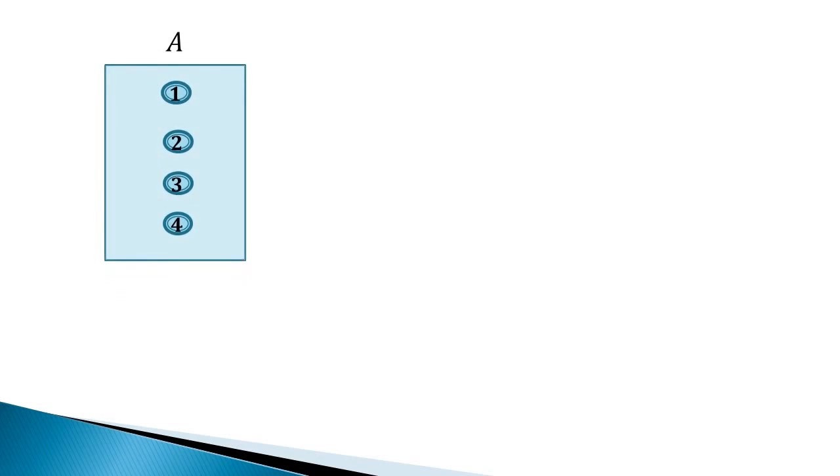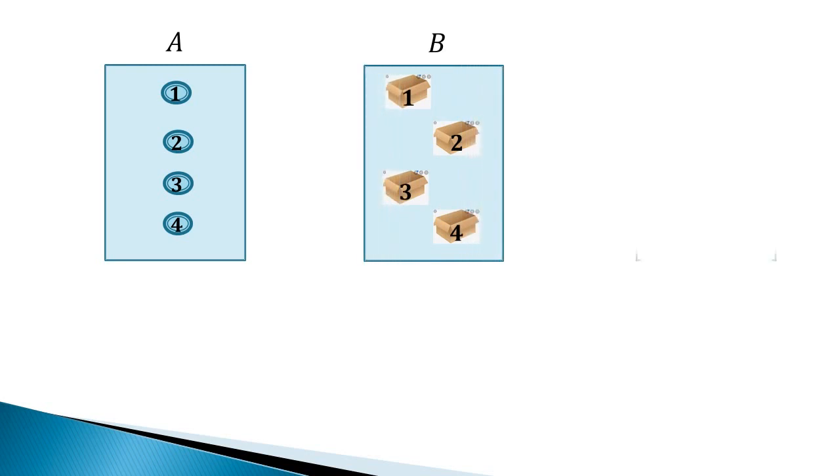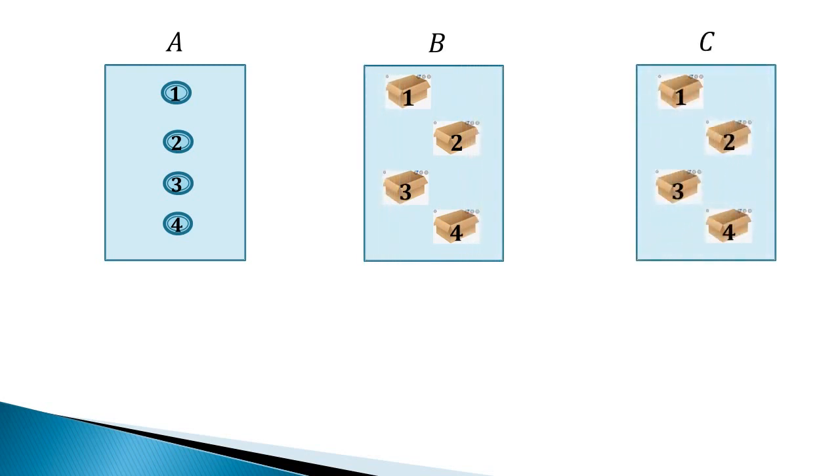The process is somewhat similar to the following game. Consider a table containing 4 balls on it, which are marked with numbers 1, 2, 3 and 4. Consider 2 more tables having empty boxes on it, which are also numbered like this.